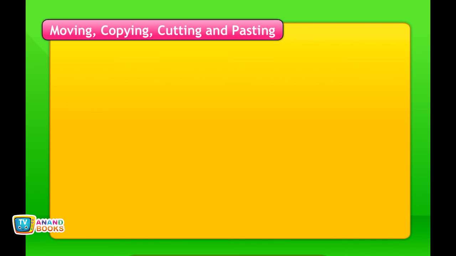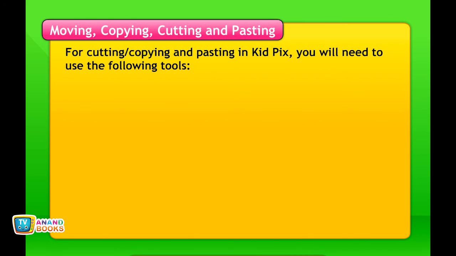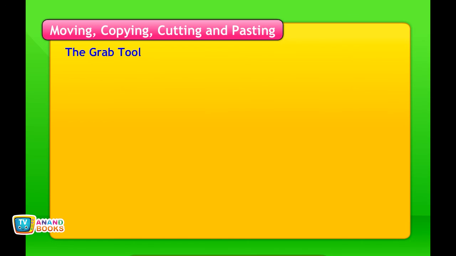Moving, copying, cutting, and pasting. For cutting or copying and pasting in KidPix, you will need to use the following tools. The Grab tool, the Scissors tool. The Grab tool.